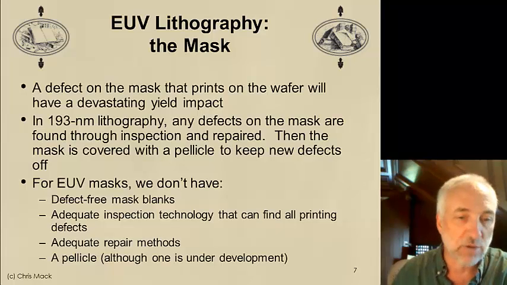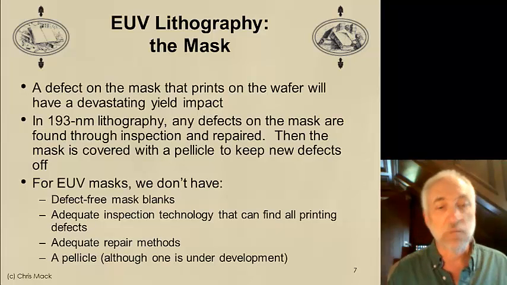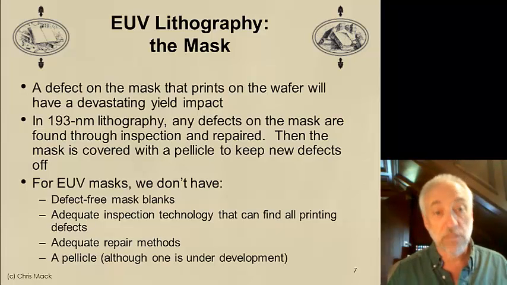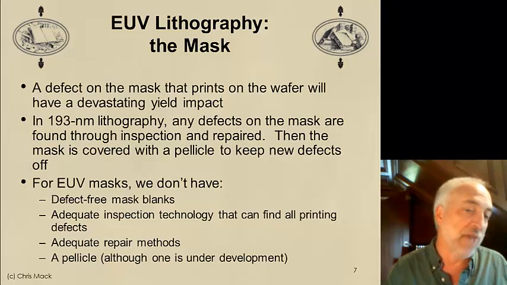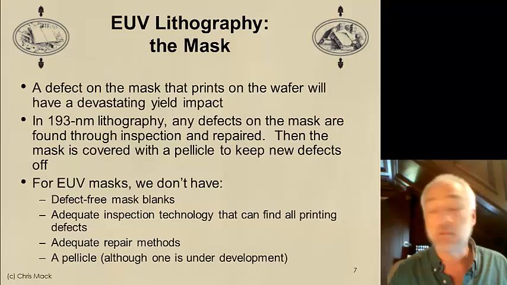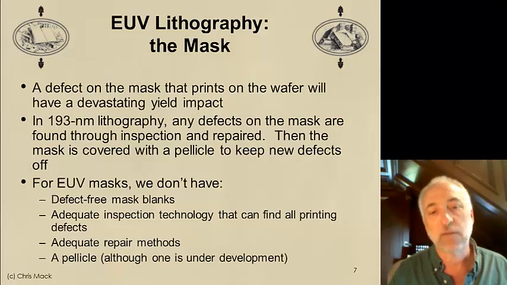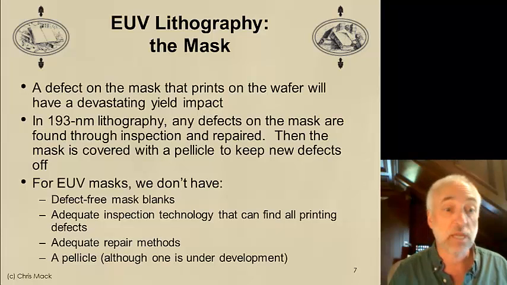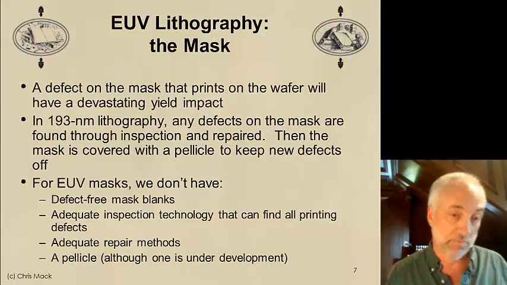We have a lot of trouble making defect-free mask blanks, the multi-layer mirror surfaces that we're going to build our absorbers on top of. Then we don't have adequate inspection technology that can find every defect that might print. And once we find defects, we don't have adequate repair methods yet. In particular, if there's a defect in the multi-layer mirror, we have no way of fixing it.